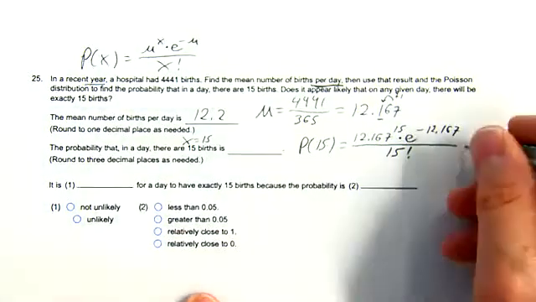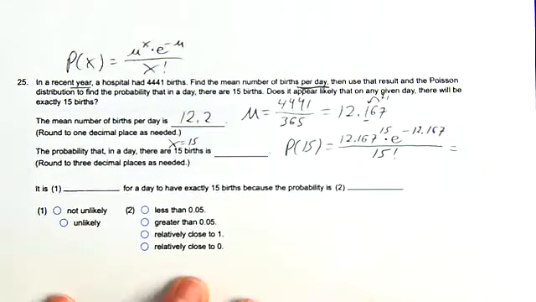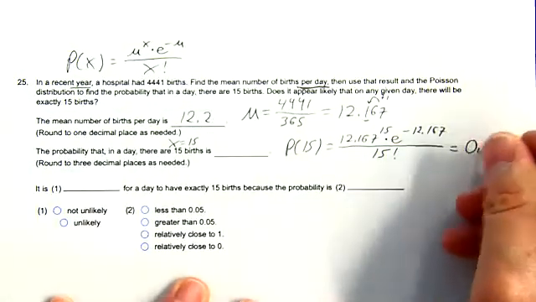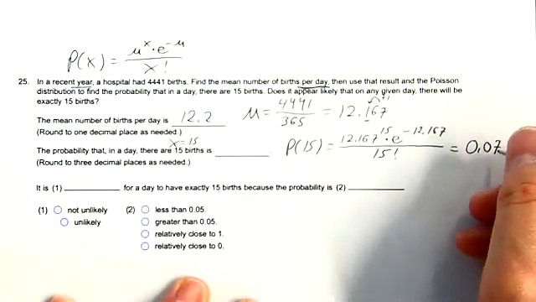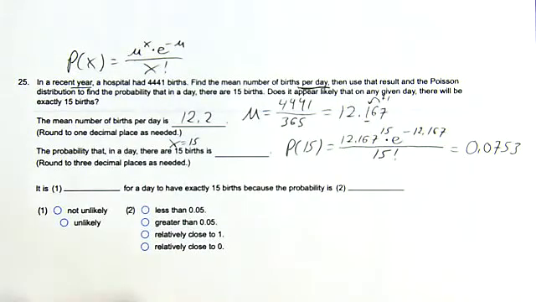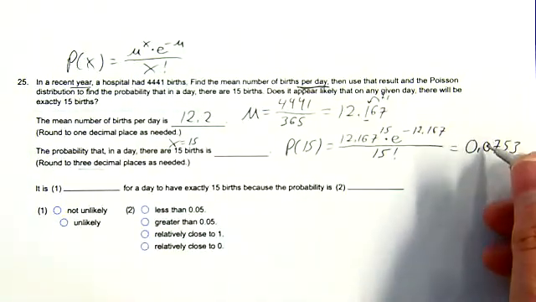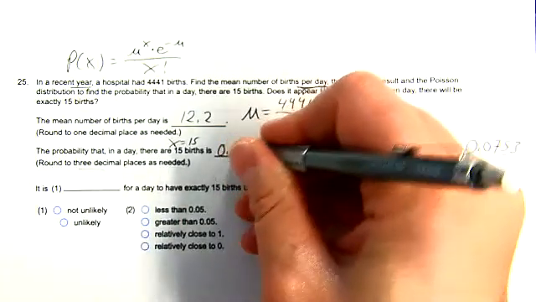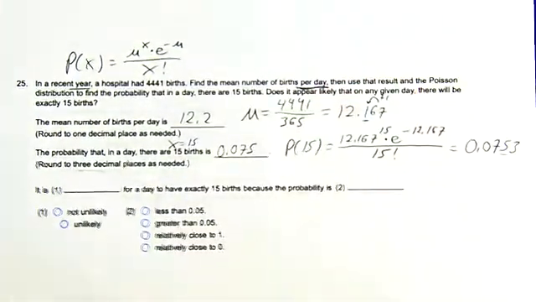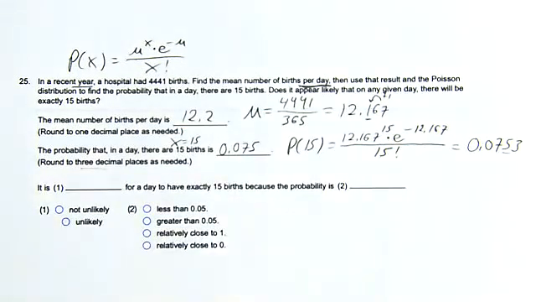And if you do this correctly, and again, I encourage you to practice this, you will get 0.0753. To 3 decimals, we'll call it 0.075. So there's about a 7% chance that on any given day there will be 15 births.